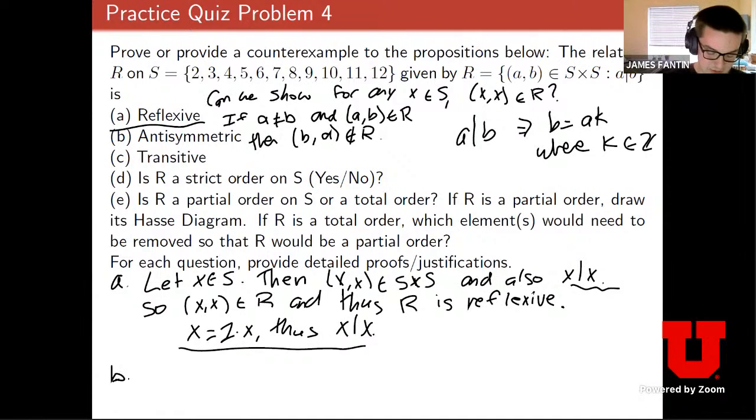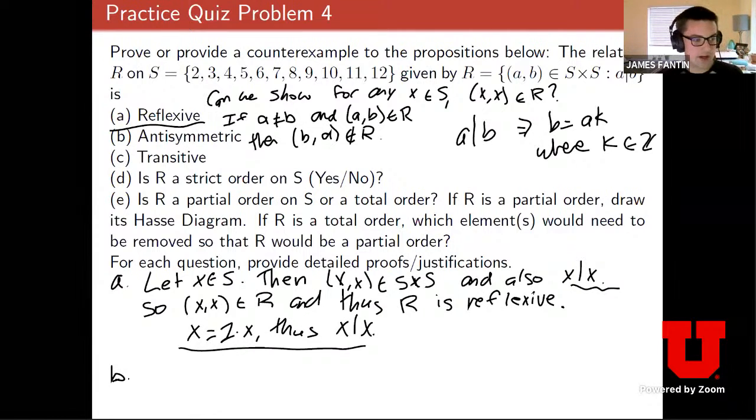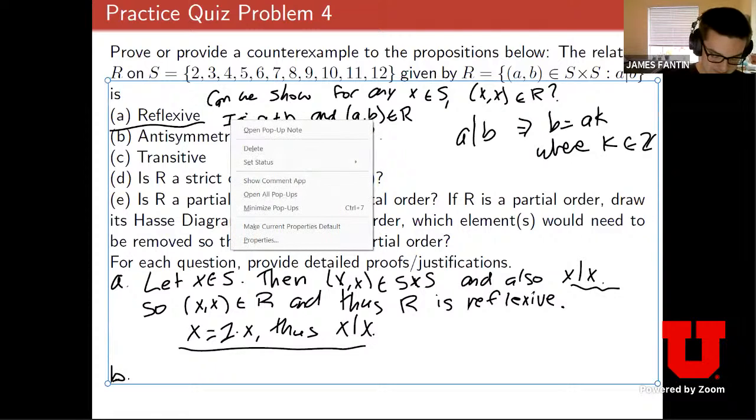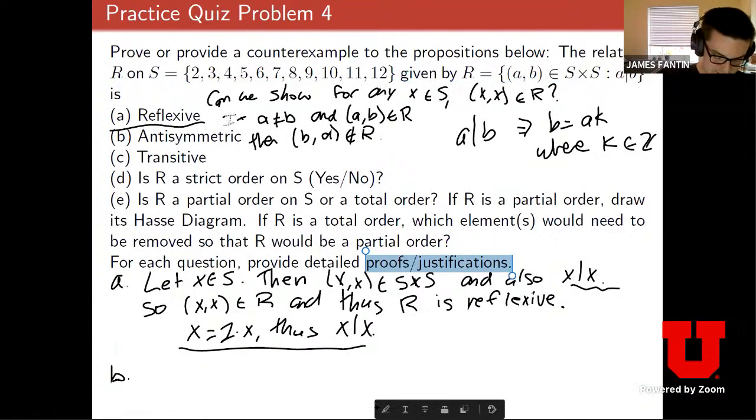I find this to be the easiest way to think about antisymmetric. If (A, B) is in the relation, you can't have (B, A) in the relation, unless A equals B. So any thoughts on whether we think this would be antisymmetric? Yes, this has to be true for all A and B. Really good question.